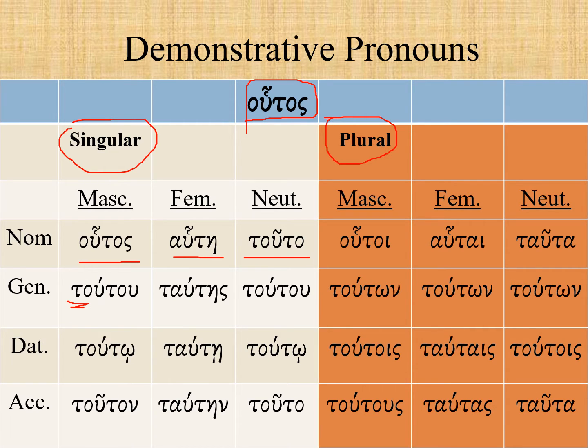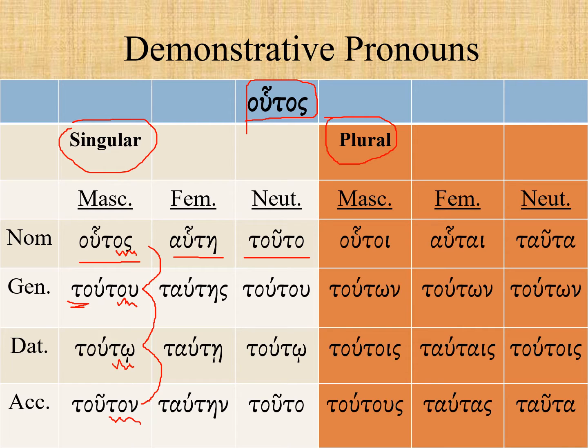Notice that you have the regular masculine nominative ending and regular masculine genitive ending, toutou, and dative and accusative endings, almost as if all of these forms were just the article with something in front of it. The feminine form is very similar.